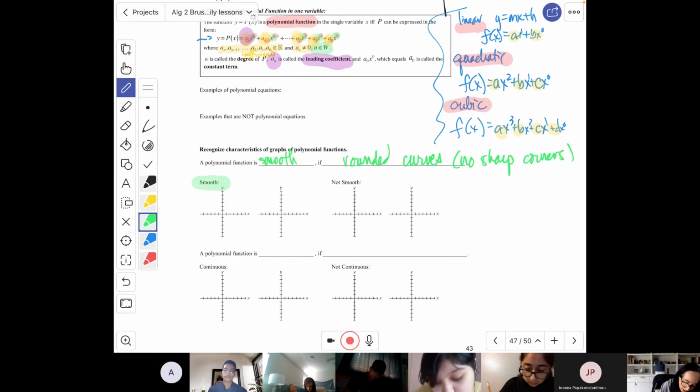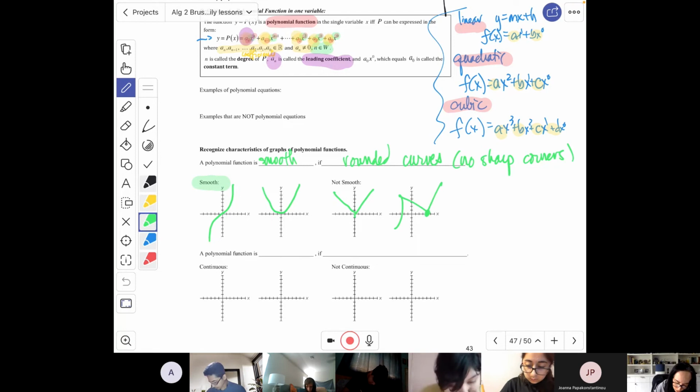So example of smooth, well, I can have my parent cubic. I can have my parent quadratic. Things that are not smooth would be like the absolute value function or piecewise functions that have sharp corners. So these are not smooth. These are smooth, rounded, curved, no sharp corners.